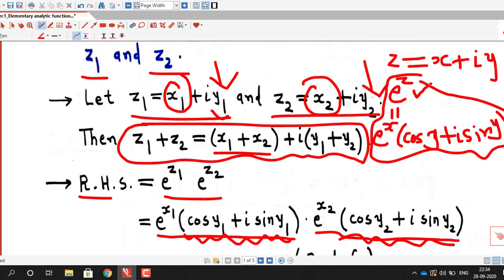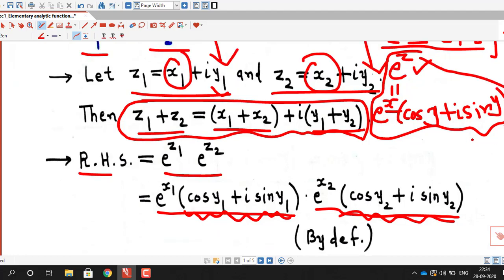If I use this definition, if z is x plus iy, e raised to z is e raised to x into cos y plus i sin y. Now instead of z we have z1 plus z2, instead of x we have x1 plus x2, and instead of y we have y1 plus y2. So e to the power z1 plus z2 equals e to the power x1 plus x2 into cosine of y1 plus y2 plus i sin of y1 plus y2.